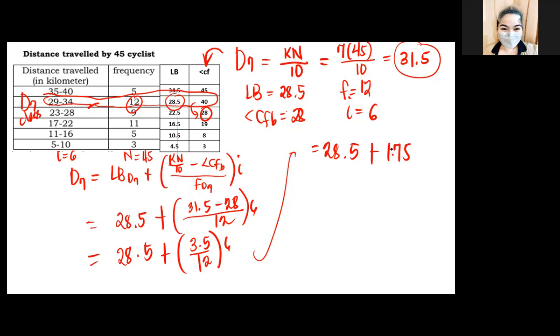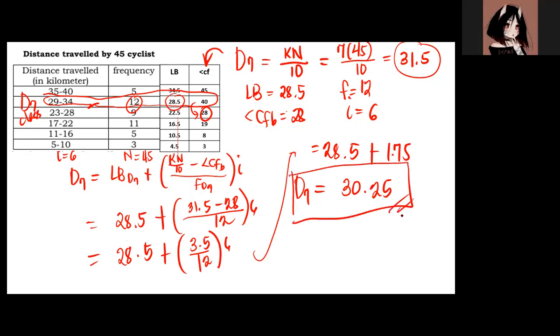So 3.5, check ko lang, divided by 12 times 6. Correct, that's 1.75. Plus 28.5. Ano yung answer? 30.25. Correct. So our D sub 7 is 30.25 at included siya dito sa class natin na 29 to 34.